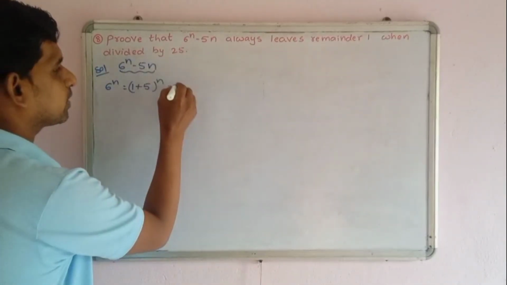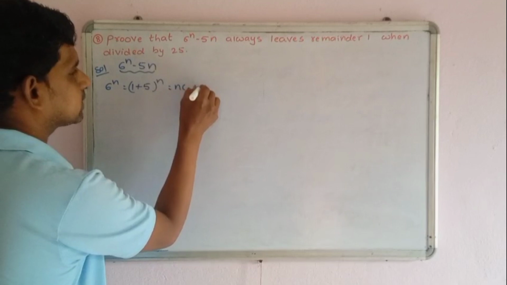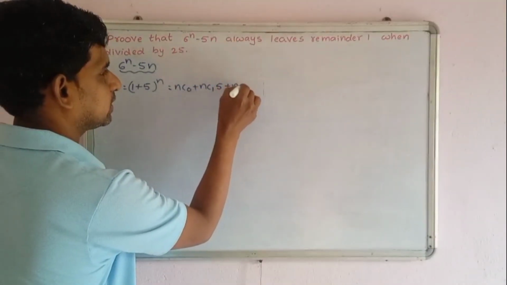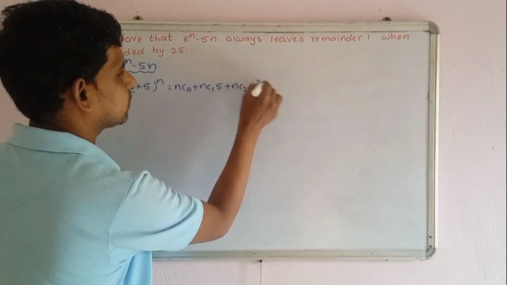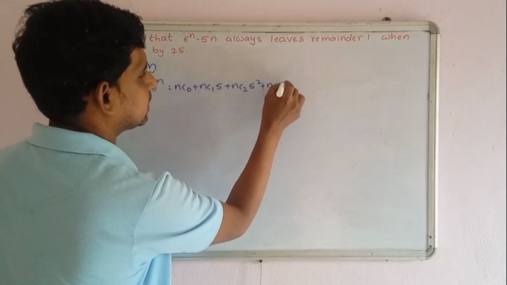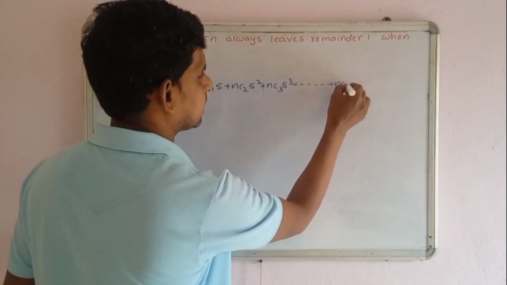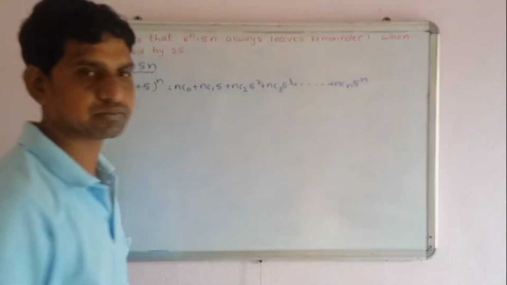What is the formula? nC0 plus nC1 5 plus nC2 5 square plus nC3 5 cube plus so on, nCn 5 power n.